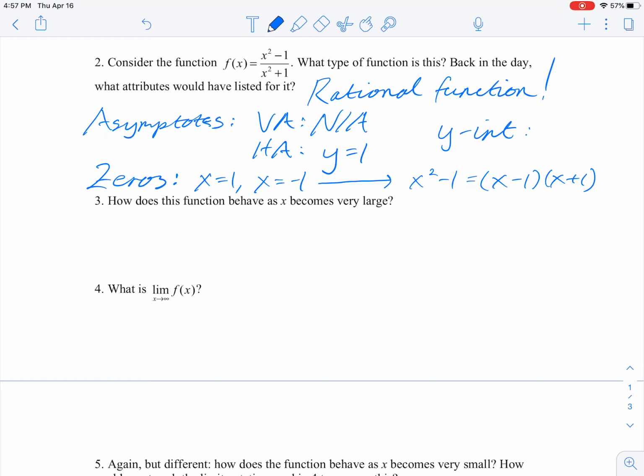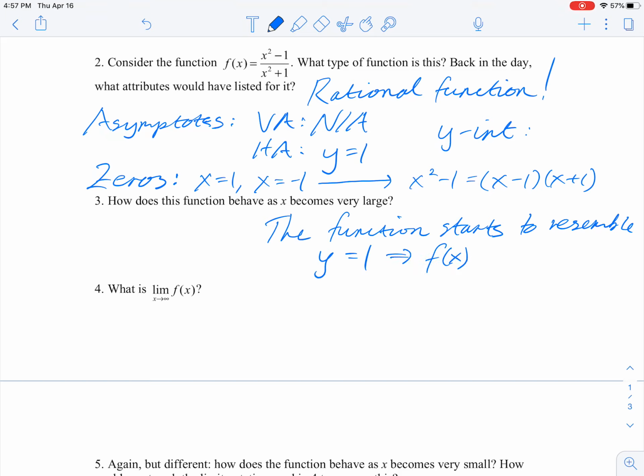So according to our horizontal asymptote, as x becomes very large, the function starts to look like, we'll say starts to resemble y equals 1. That is another way of saying that f of x approaches y equals 1.